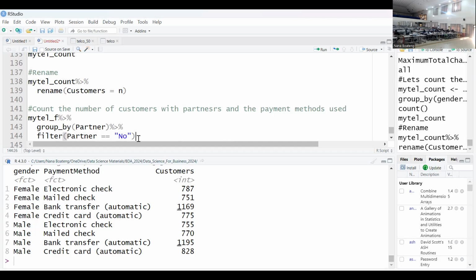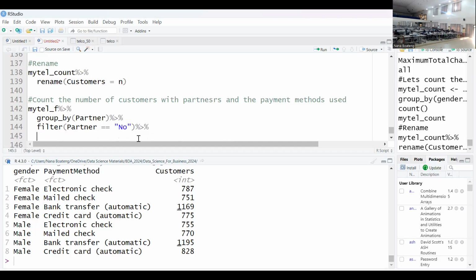So let's pipe that also into count. And now we want to count the payment method. Okay. So let's run this and see.